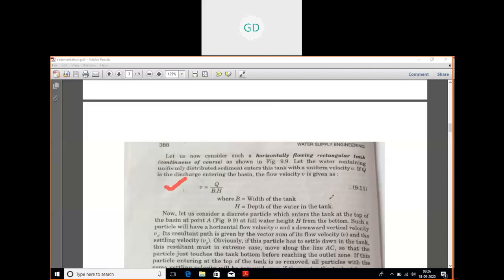Small v is equal to Q by BH, where B is the width of the tank and H is the depth of the water in the tank. Written.